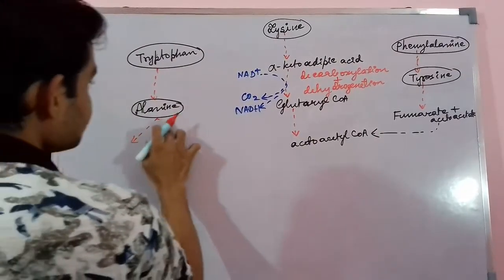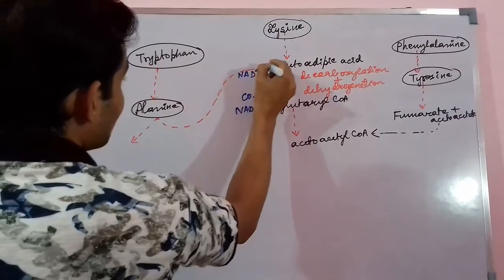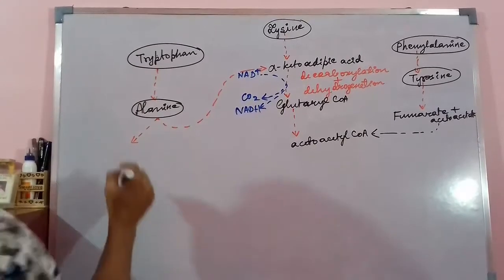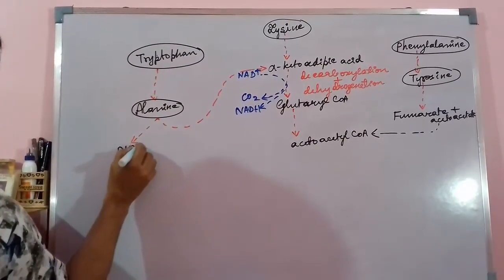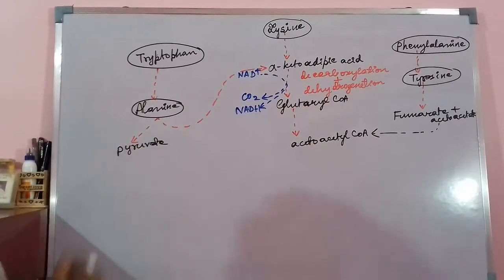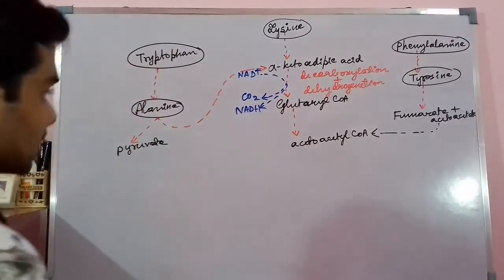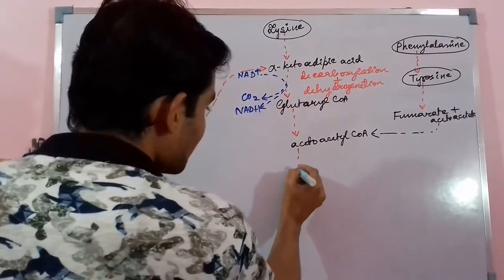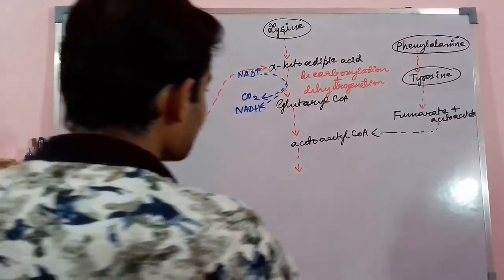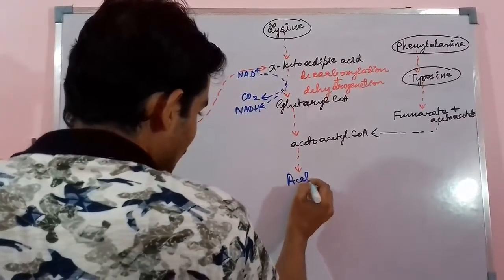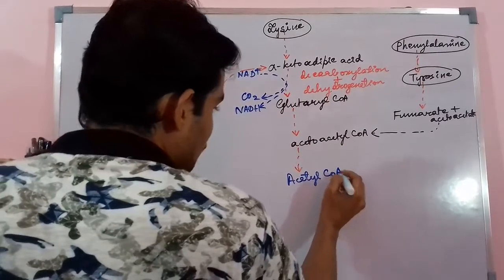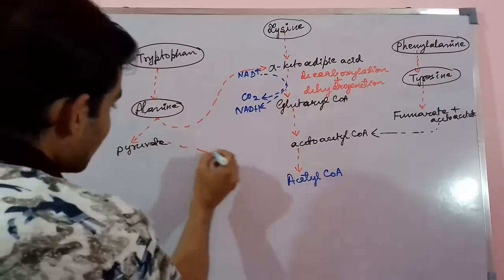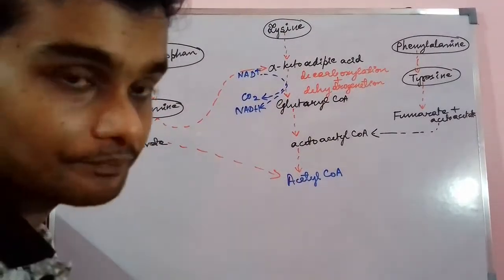One of them is alpha ketoadipic acid and another one is pyruvate. Now the acetoacetyl-CoA here again gets converted ultimately to acetyl-CoA.